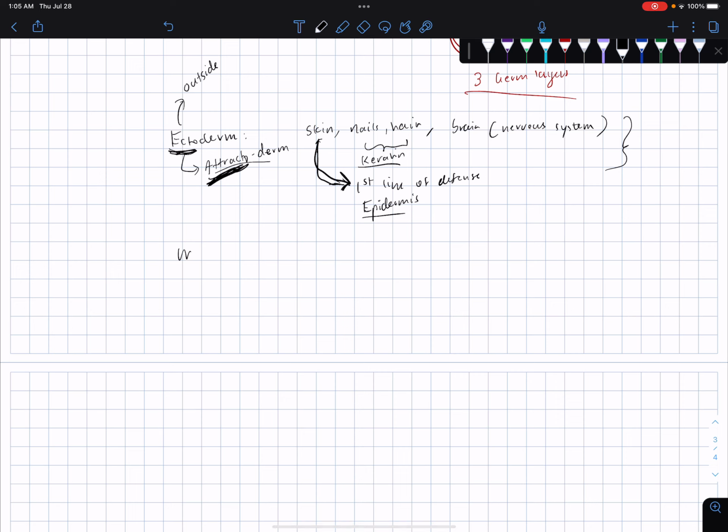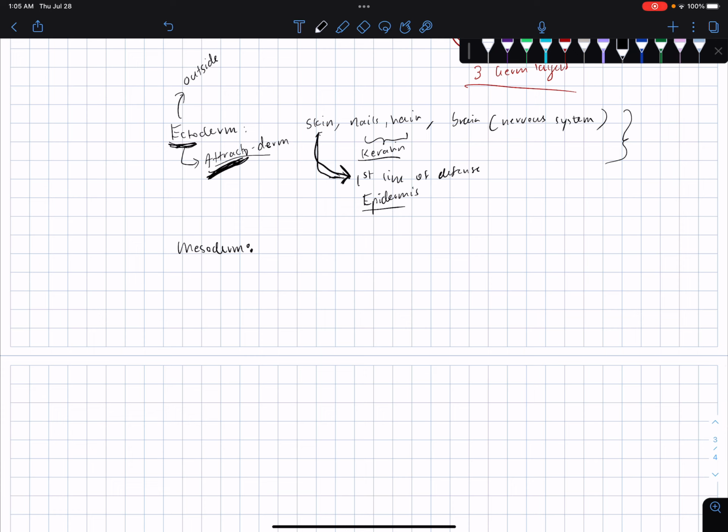So, and again, remember, we know endoderm is on the inside, so we can expect to think about endoderm after mesoderm, just so you can conceptually organize it in this order in your brain, right? So, mesoderm, I like to think of it as kind of like the middle, right?